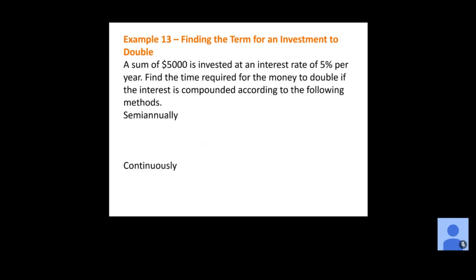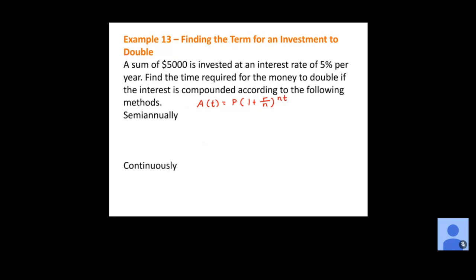So it's the compound interest formula, and specifically, it's the first one we looked at back in 4.1, right? Because this is semi-annually now, so we actually do have an n value. So remember, our formula was A of t equals P times 1 plus r over n to the nt power.